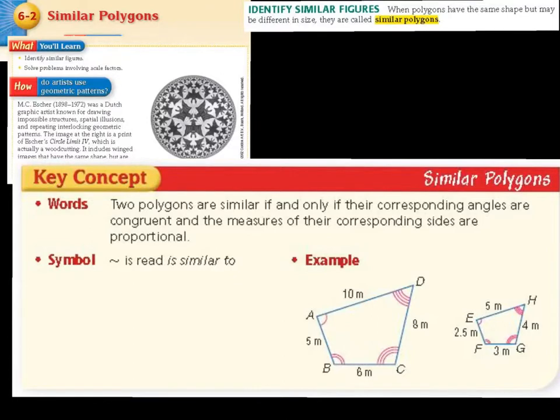So in the example, these two quadrilaterals, angle A is congruent to angle E, angle B to F, C to G, H to D. So they've marked the congruent angles with the same number of arcs. And if I take 5 divided by 2, I get 2.5, 6 divided by 2, 8 divided by 2, 10 divided by 2.